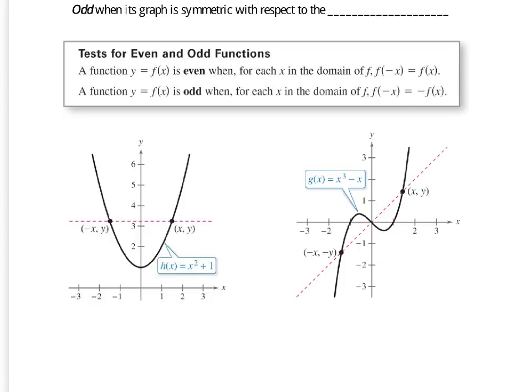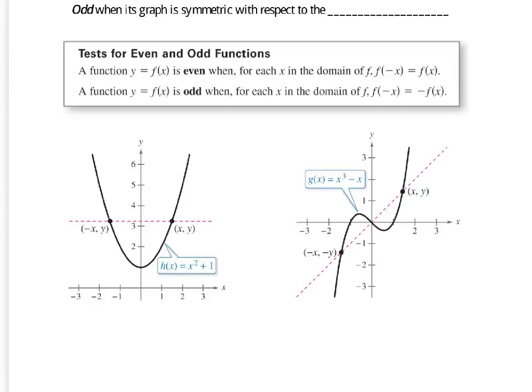Well, I've tried to translate that for you because earlier when we talked about y-axis symmetry, remember we said that when you replace x with negative x in the equation, you should end up simplifying and get right back to where you started with the same original function. If that happens, that is another indication that the graph is even.